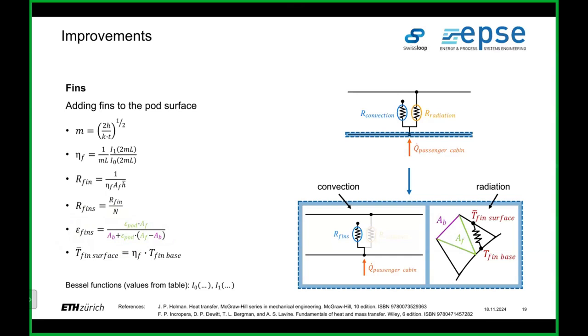And we also have to adjust the temperature in the equation of the radiation, because with the fins, the surface isn't at a constant temperature anymore, since on the base it's hotter than at the tip, and for that this equation is used.